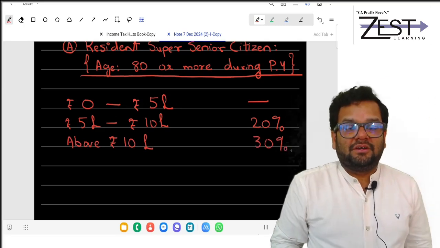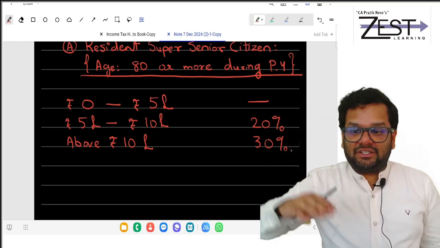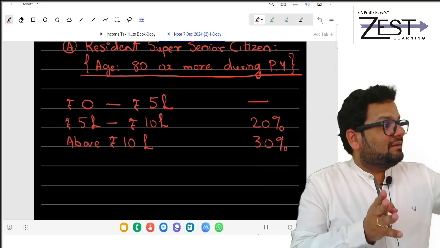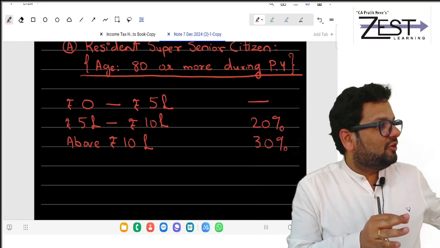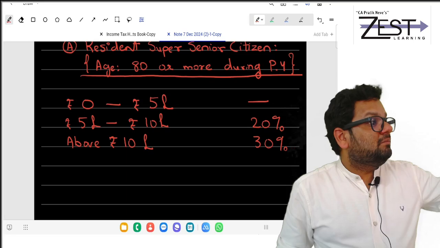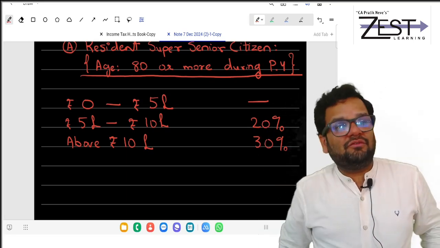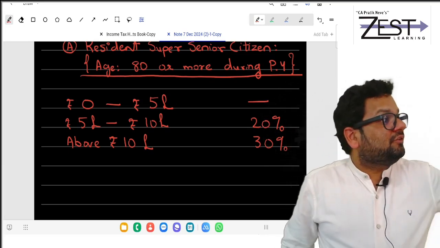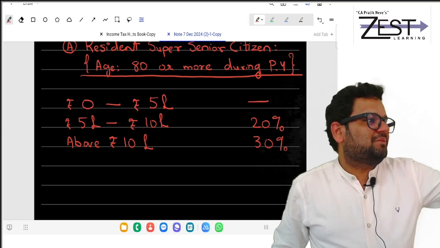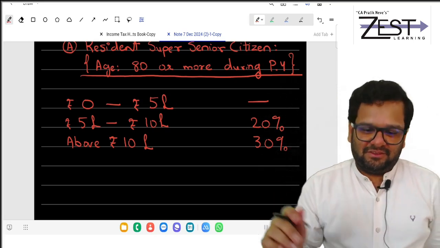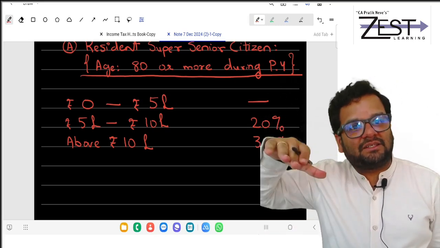So did you see? You are out of 115 BAC. Rates of tax are high. Directly it is 20% when you are between 5 to 10. Immediately after 10 it is 30%. In 115 BAC, after 15 lakhs, it was 30%. So that's why I said that rates of tax are a bit high.